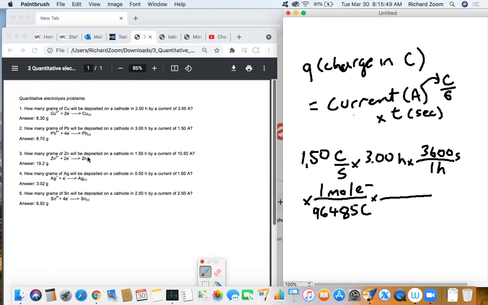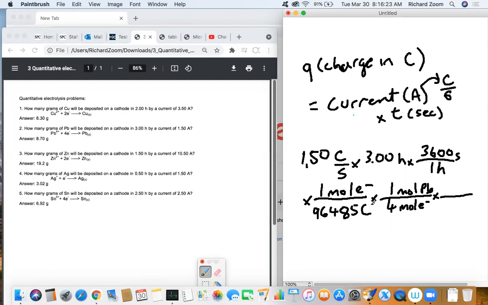Now, according to what we've got up here, 4 moles of electrons gives 1 mole of solid. So 4 moles of electrons goes on the bottom. 1 mole of Pb solid goes on top. And then the last step here, I'm just trying to remember the atomic mass of lead. Can anybody tell me? I don't have a periodic table in front of me. Has anybody got a periodic table?